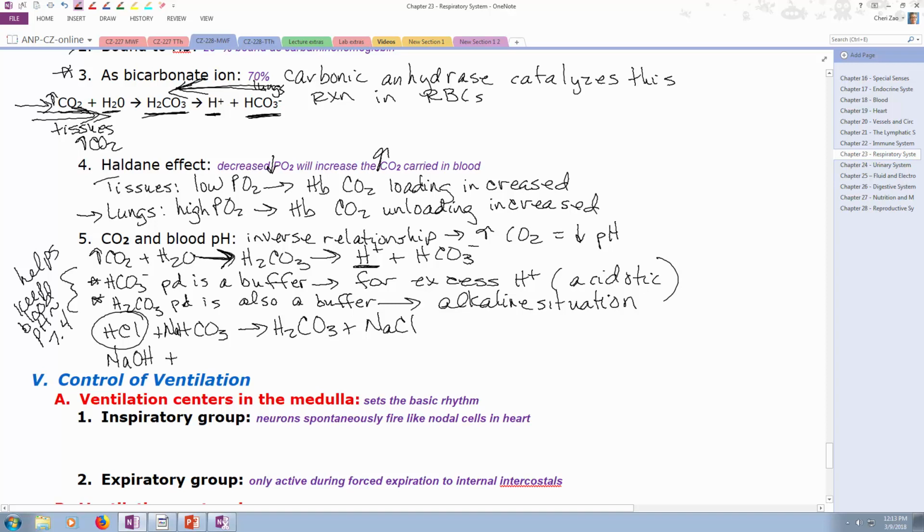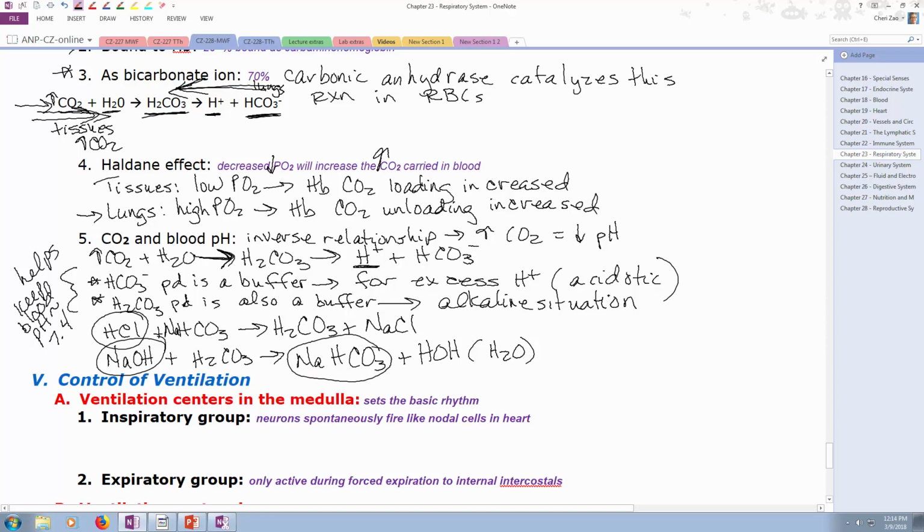And so we're going to add a weak acid to a really strong base here, H2CO3, and that will help us actually come up with NaHCO3, which is sodium bicarbonate, plus good old-fashioned HOH, which we all know is also H2O. So here is a really strong base, and now we have, in essence, a much weaker base and water.